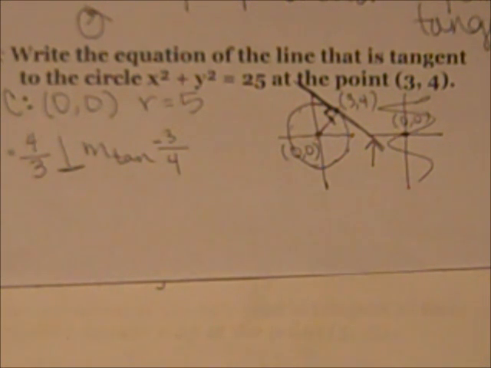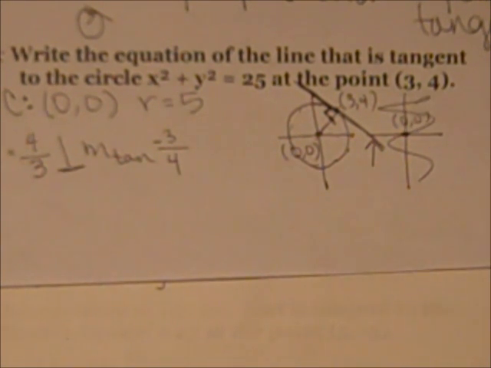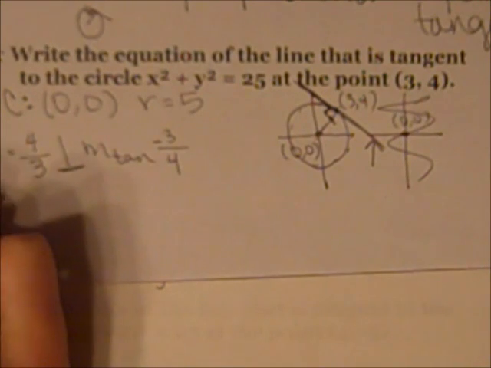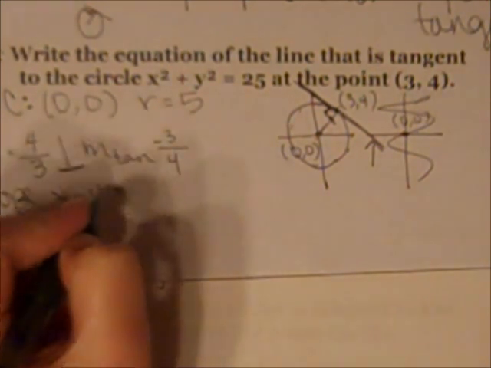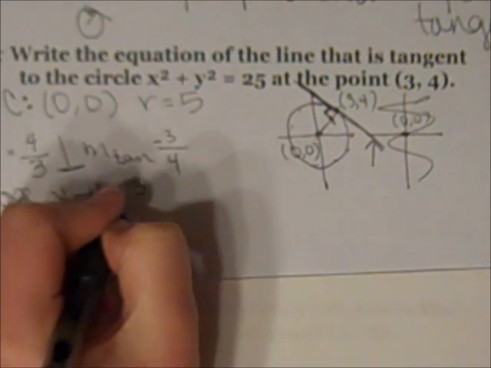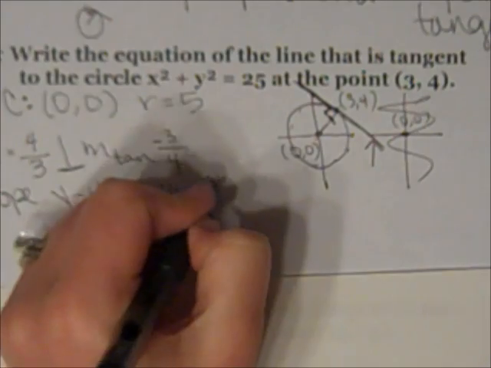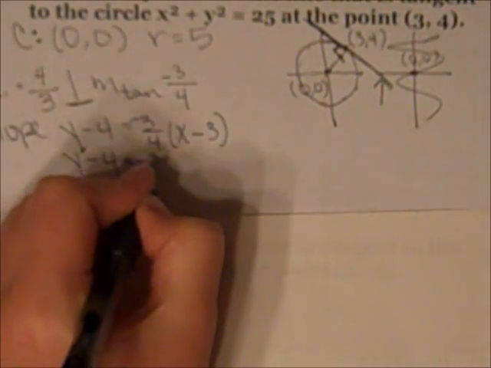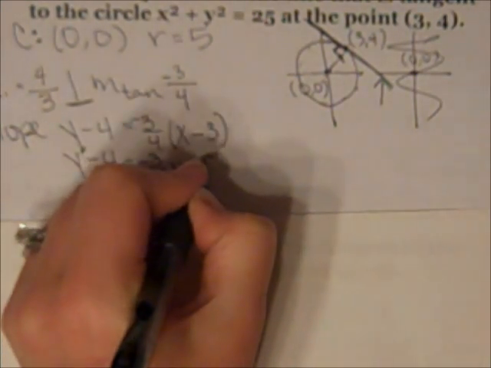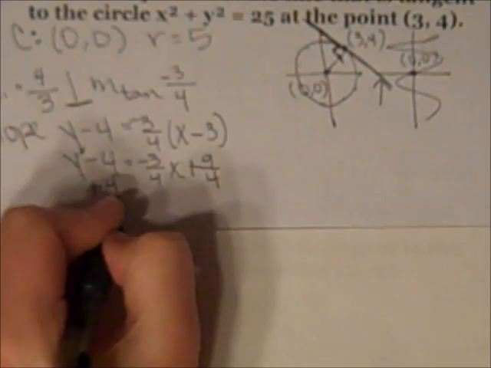So, well on my way for my equation of my tangent line. I have a slope, and I have a point that this slope must go through. So I'm going to use point-slope form. y minus 4 is equal to negative 3/4 times (x minus 3). Distribute. And move this 4 on over.